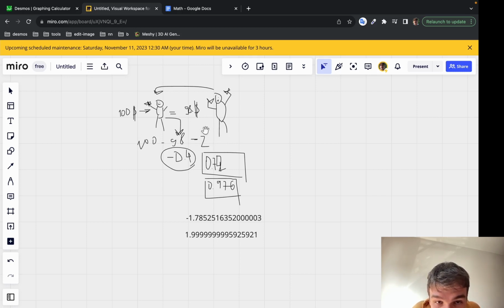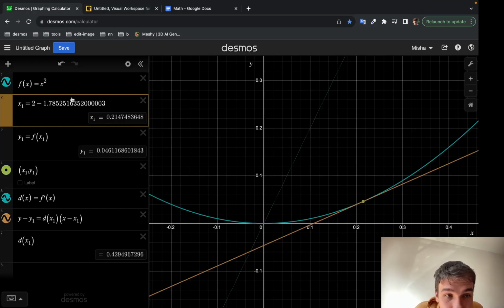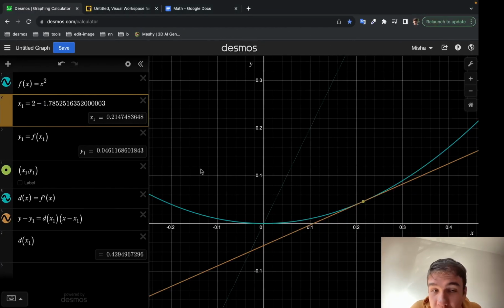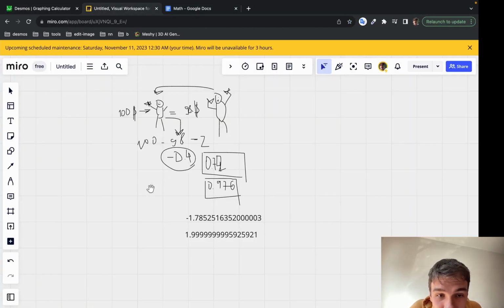So knowing that this mistake is 2, the question here is, how can we lower this to make our mistake 0? Knowing this, our gradient descent says that to lower this, you need to make some iterations, multiply the derivative by the learning rate, and subtract it from your error. And at the end, you need to subtract this number also from here.